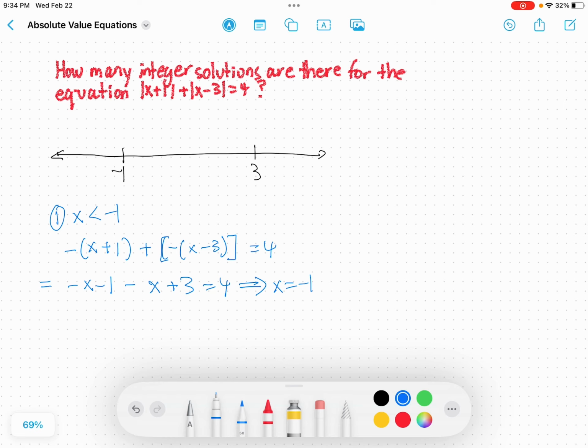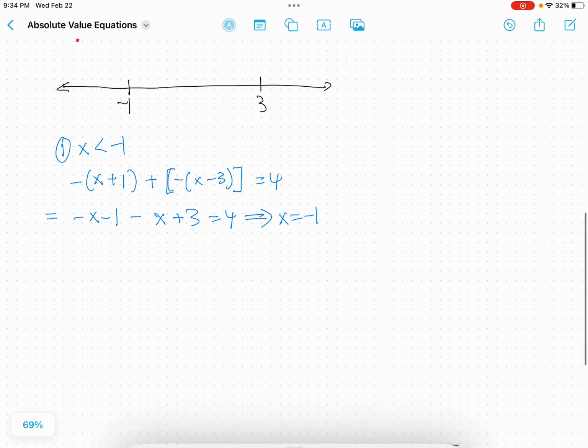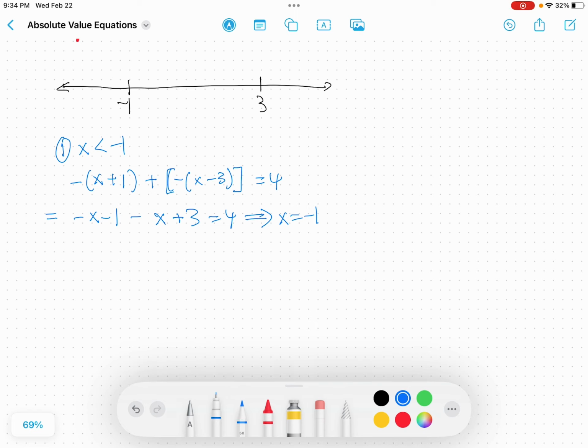The second part is when negative 1 is less than or equal to x less than or equal to 3. In this case, x + 1 is going to be positive, but x - 3 can be negative or equal to 0.